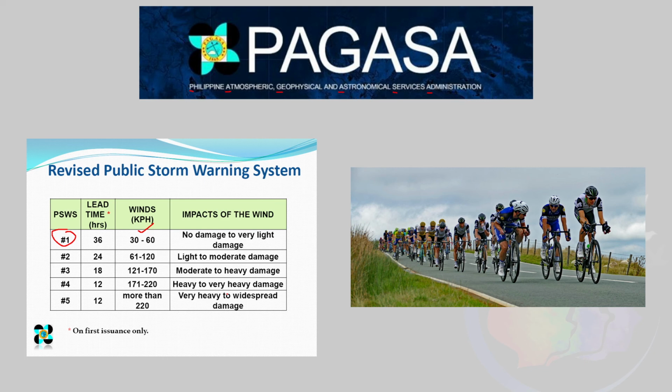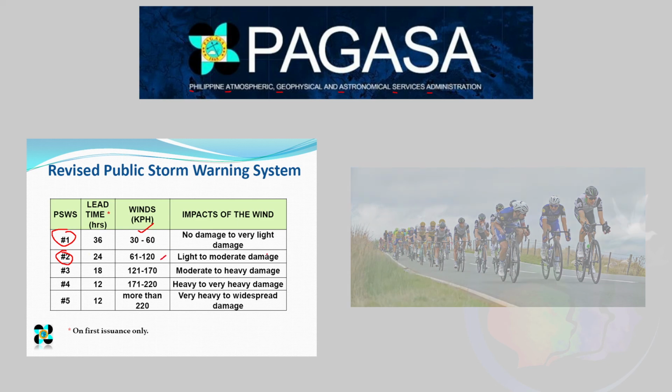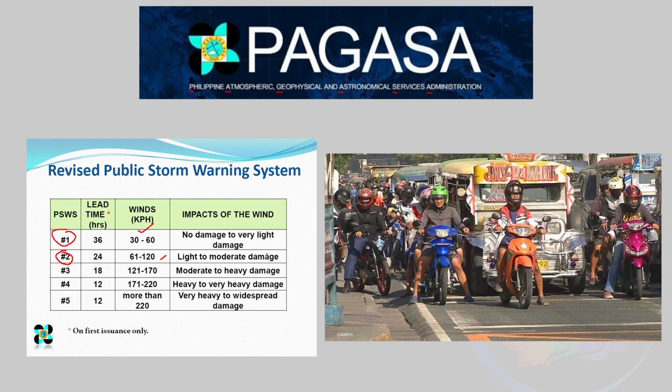So when a certain area experiences signal number 1, ibig sabihin no damage to very little damage lang. Impacts of wind is very slow, mahina lang siya. And when it reaches signal number 2, it can vary from 61 to 120. This is usually how fast yung mga vehicles that you can see around you.